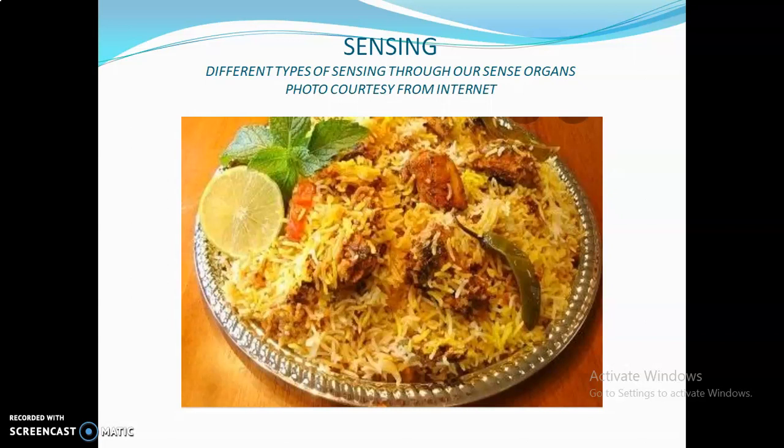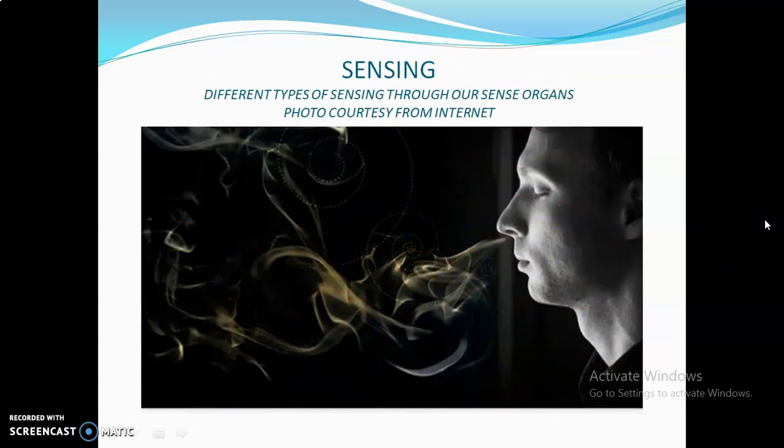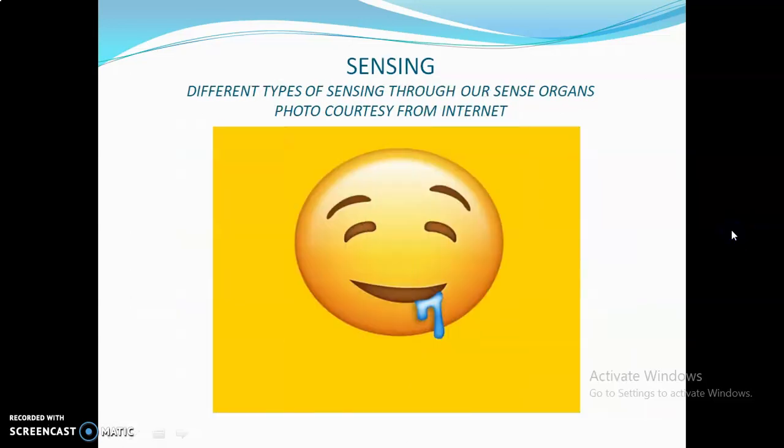Now you see, when you see biryani in a hotel or restaurant, then what happens? Then we get the smell. Wow, it's very tasty, and automatically what happens? Mouth watering, no?